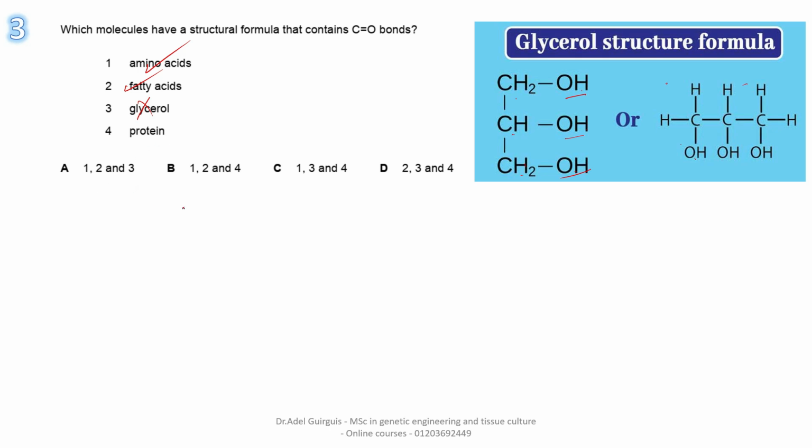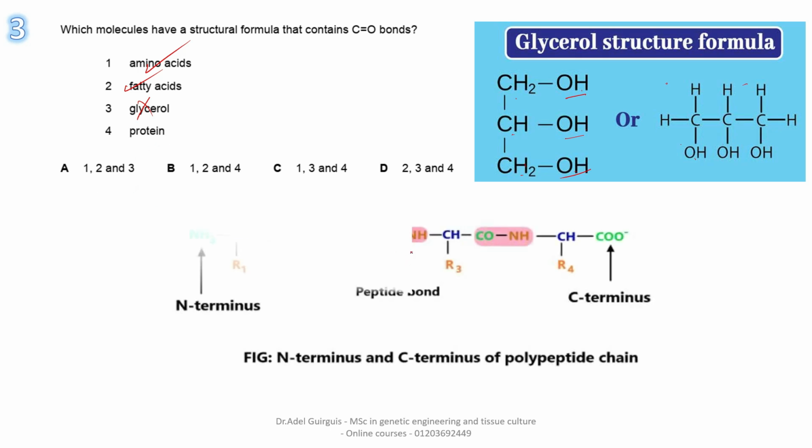What about proteins? Look at proteins. Any protein molecule is formed from one or many polypeptide chains. Say one polypeptide chain, a sequence of amino acids as primary structure, in certain correct order.